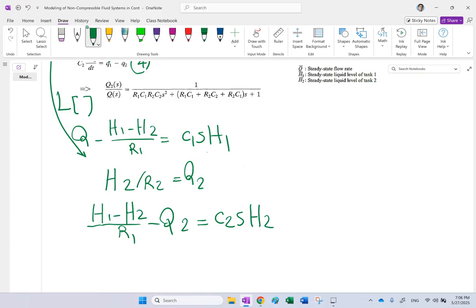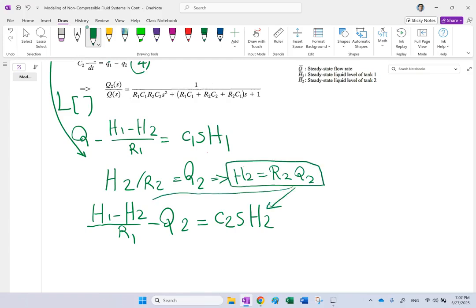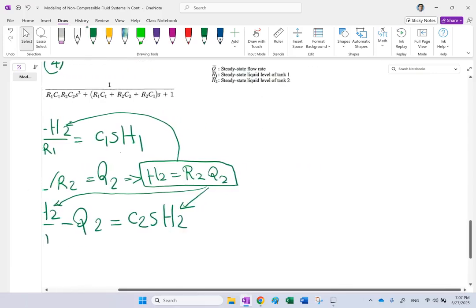For instance, from this one here, you can solve for H2, right? H2 equals R2Q2. So now this can go wherever H2 is. So that can go here, it can go there, and it can go here. Okay, that will get rid of H2.